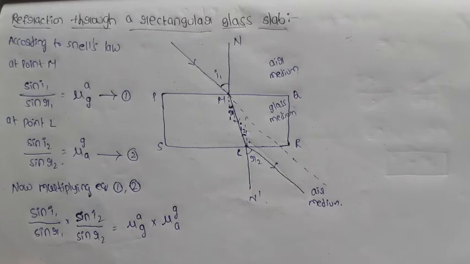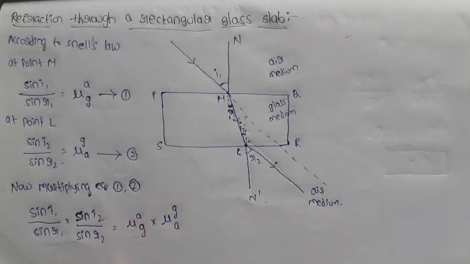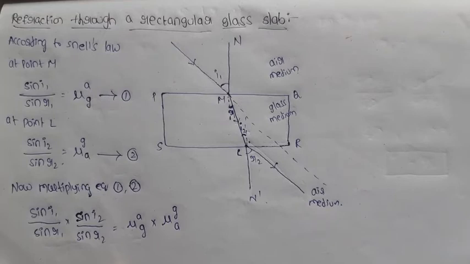This is the multiplication of equation 1 and 2. Observe here, mu AG is the refractive index from air medium to glass medium.